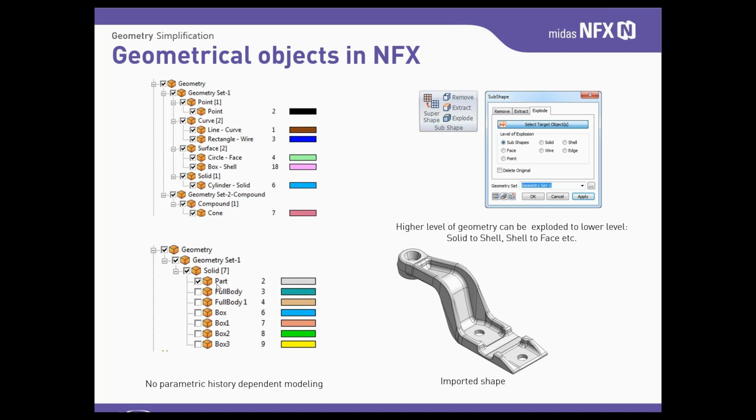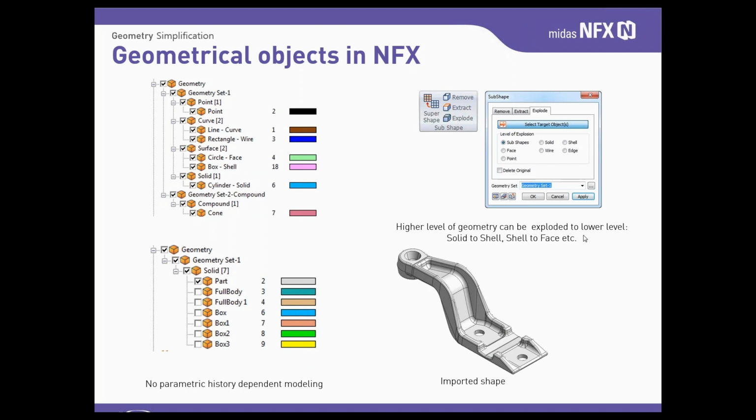A similar situation comes with import of the geometry: there is no history, but you can import a shape which has some topological information. This is what I was trying to explain before. We don't have history, but we still have some topological information hidden inside the model.